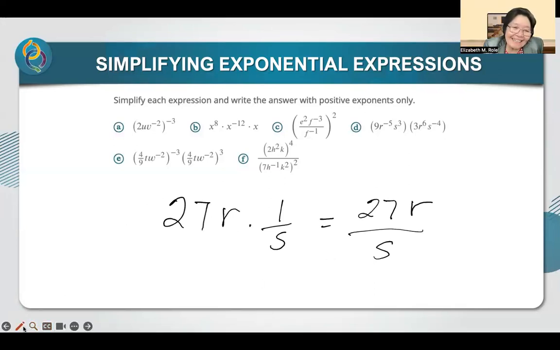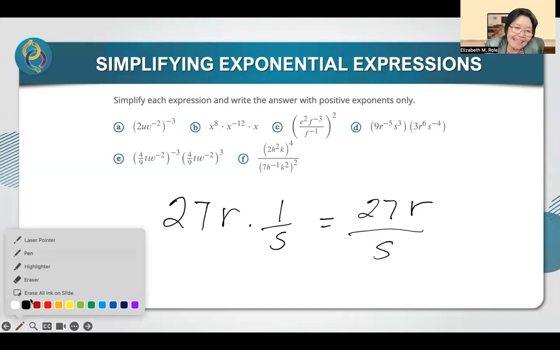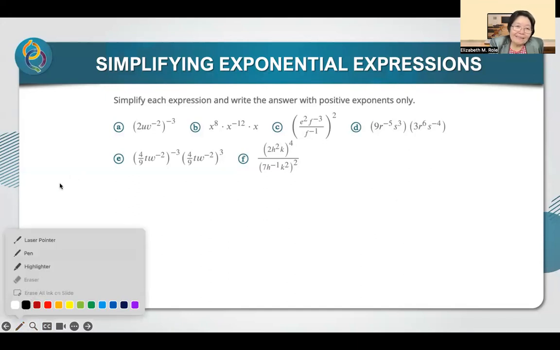Look at letter E. I got 1. You got 1 for letter E? You're correct. This one is the easiest actually.